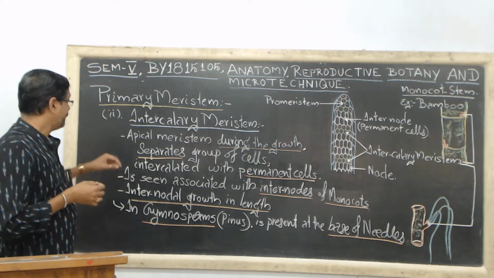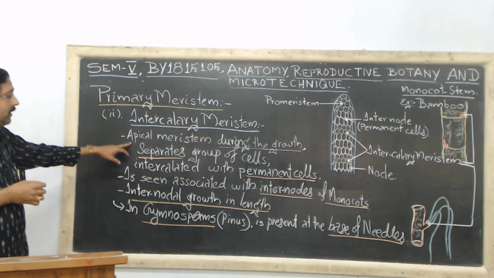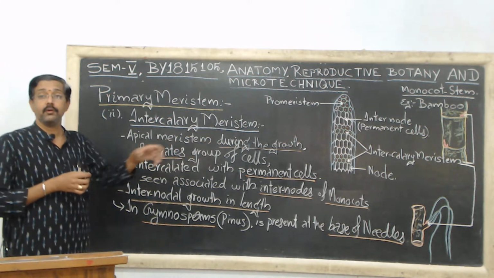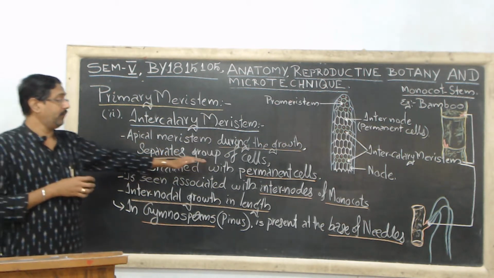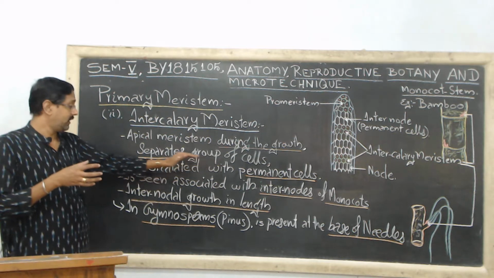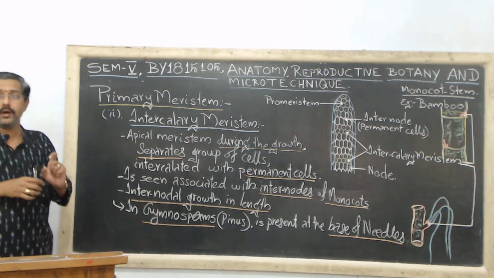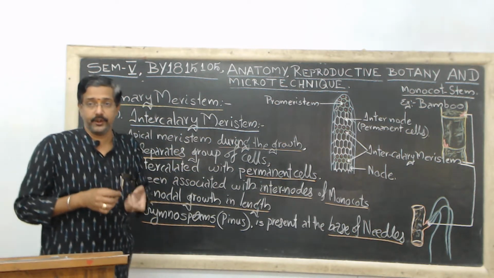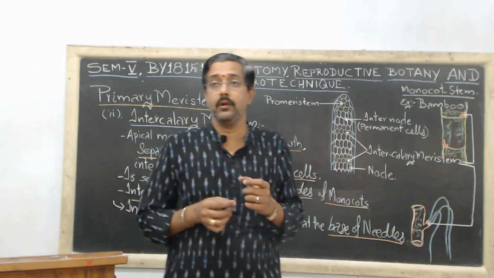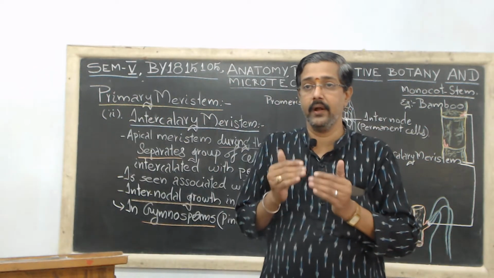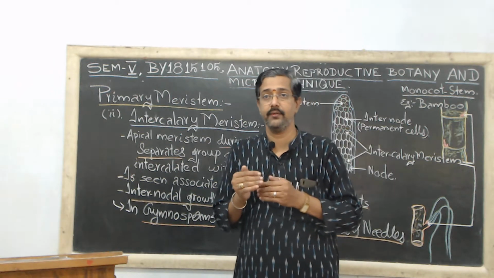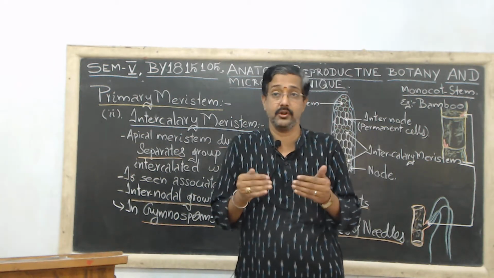So here, the apical meristem during growth separates a group of cells. That means during the elongation of the stem or the roots, the apical meristem, and thereafter the intercalary meristem, is differentiated from the primary meristem.